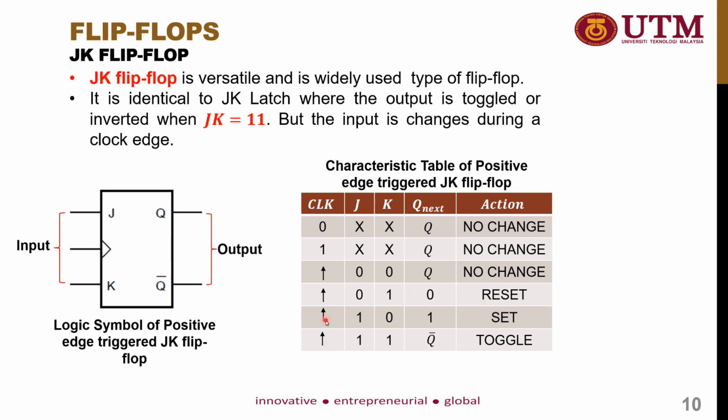If it is at the rising edge and J is equal to 1 and K is equal to 0, the JK flip-flop is in set mode, and the Q next will become 1. And if it is at the rising edge and J is equal to 1 and K is also equal to 1, the output will toggle. For example, if the current output is 0, the next output will become 1. And if the previous output is 1, the next output will become 0.